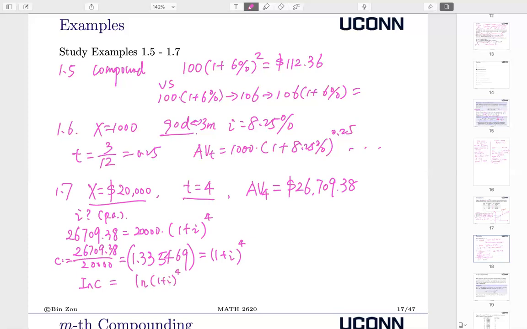So this is a power, and power in log function will come out, right? So this is one of the rules of log function. So now I should divide by 4. I get log 1 plus i. Again, I'm aiming at i, but i is inside the log. How can we get rid of log? By taking exponential.